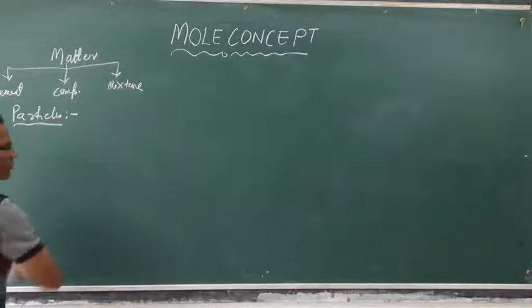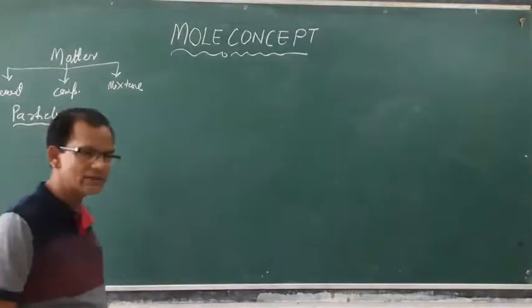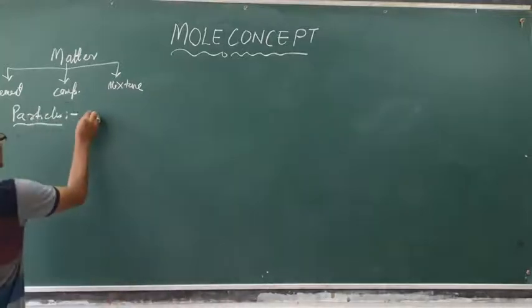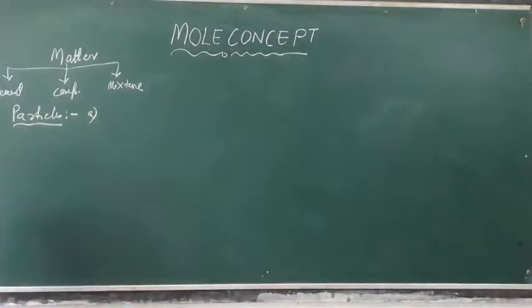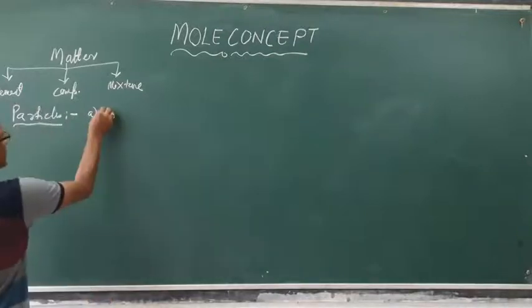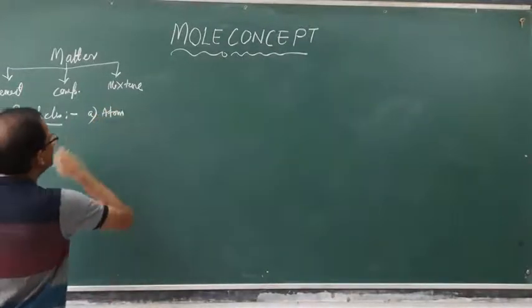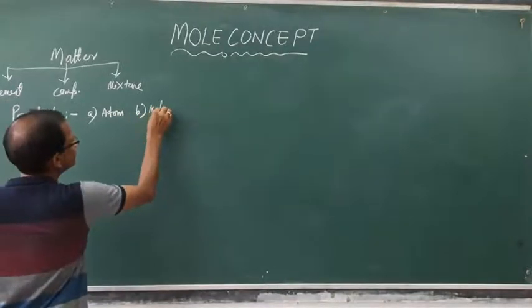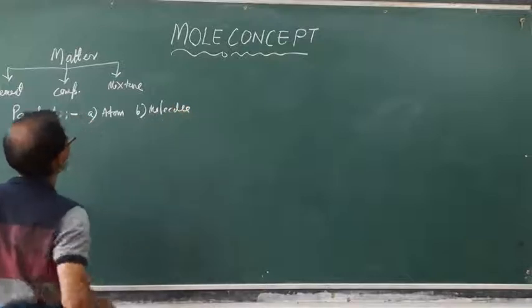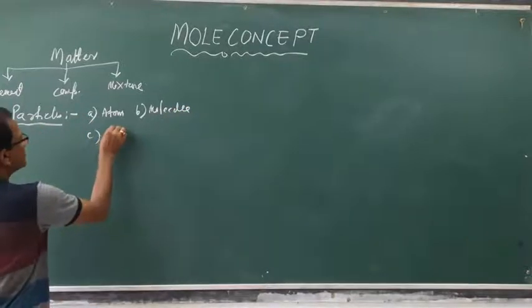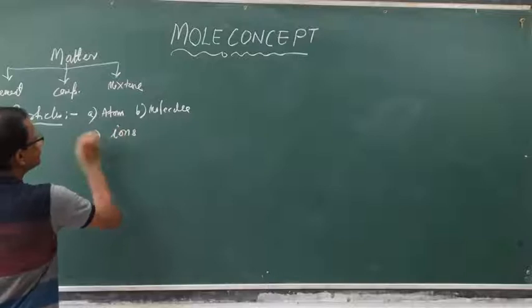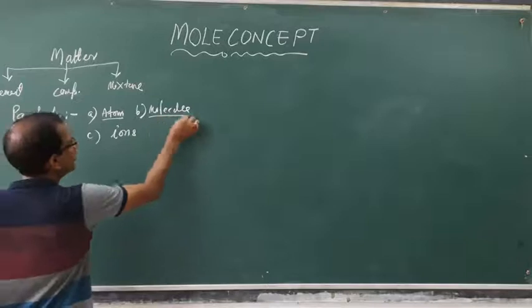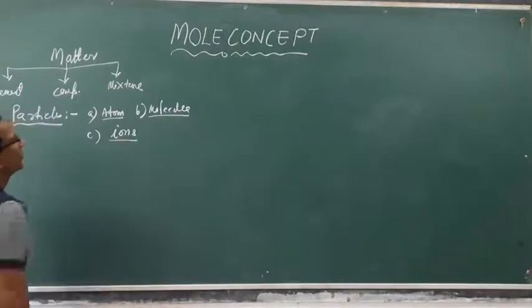Already you know from states of matter that the particles of matter are 3 types: atomic form, molecular form or ionic form.